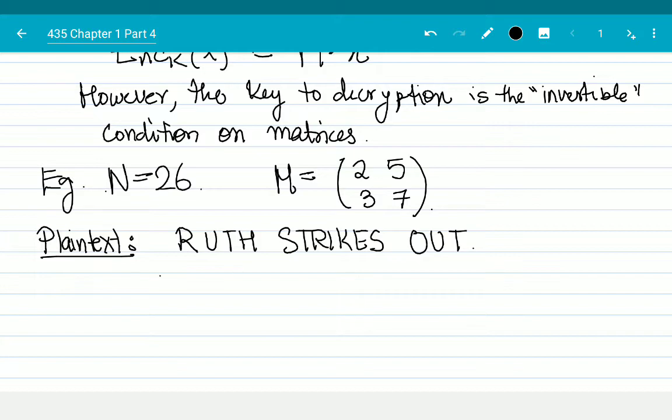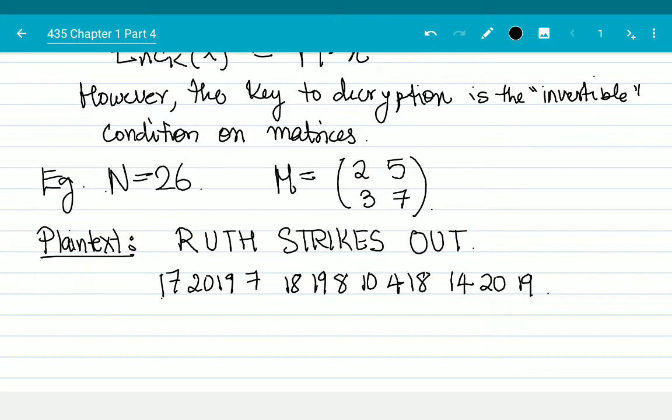Which in numbers is going to be 17, 20, 19, 7, 18, 19, 8, 10, 4, 18, 14, 20, 19.